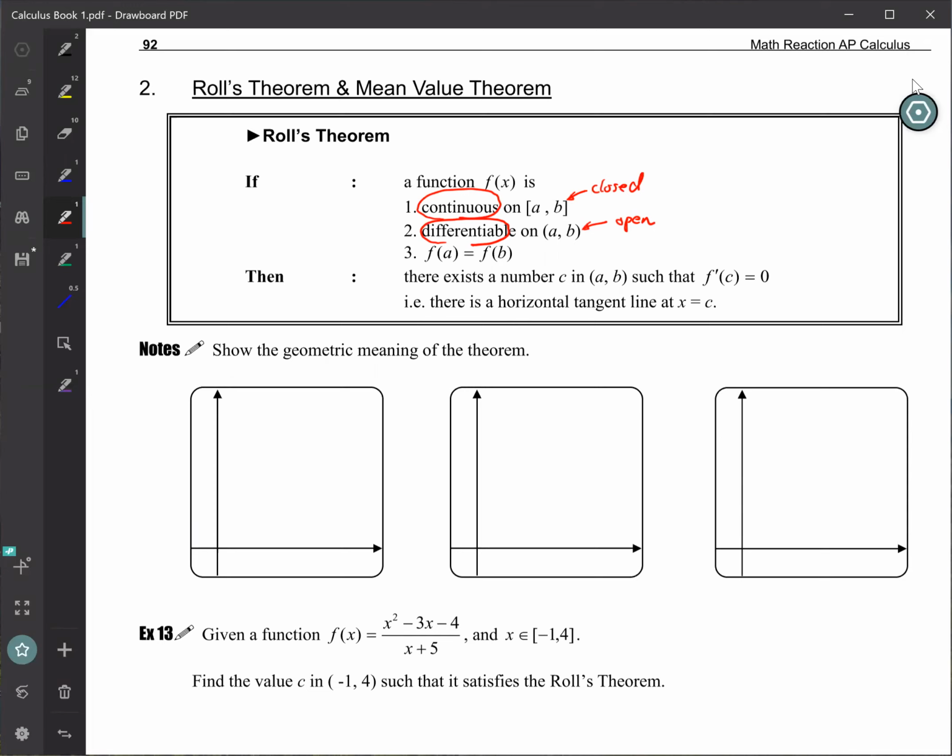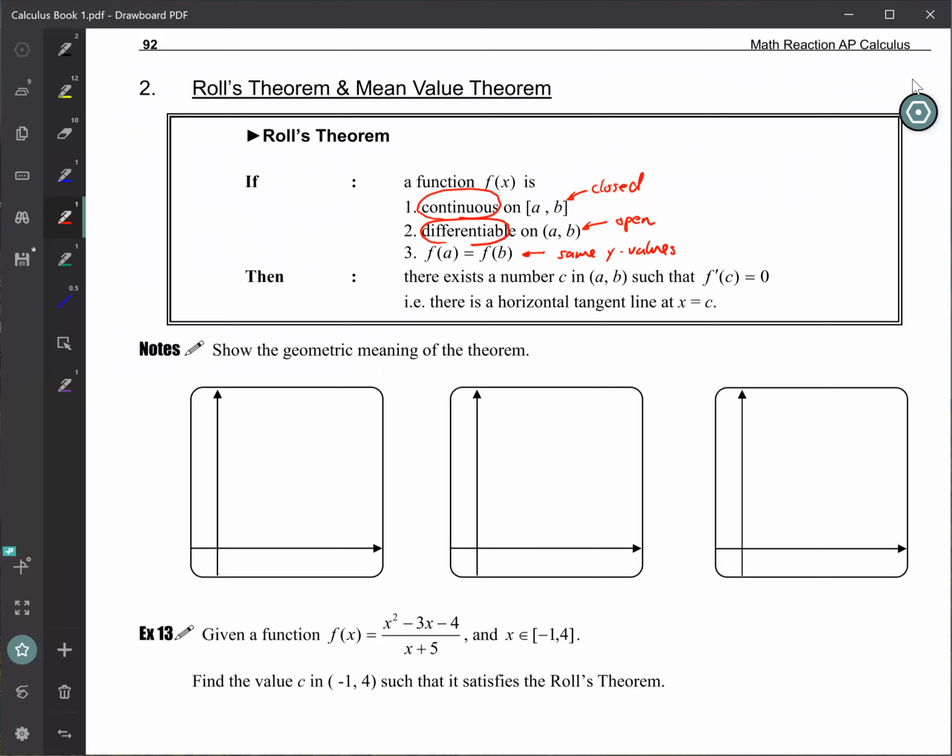So it has to be an open interval, cannot use closed. And number three, the endpoints have the same y value.